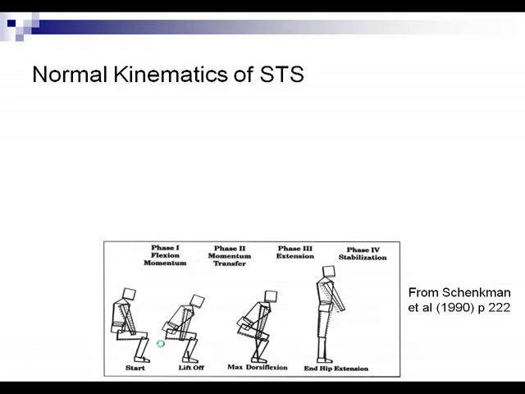But the advantage of Schenkman's model is that because it's quite specific, it can really help you to identify treatment goals for your patient and determine which component of the sit to stand movement your patient has difficulty with. So let's go through the 4 phases in a bit more detail so you know what they each constitute.